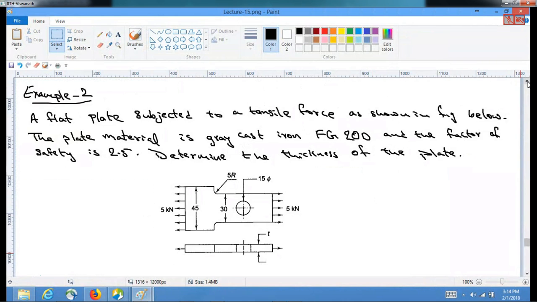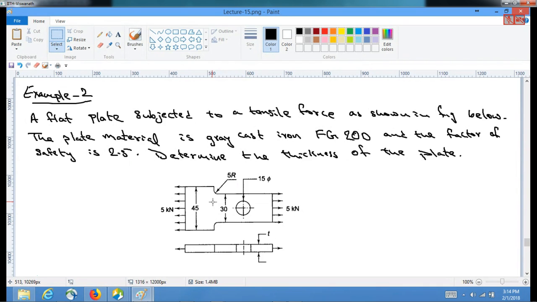To solve this problem, we'll see what the things are that cause the stress concentration. The first one is that this is a flat plate with a shoulder with a fillet radius. The second thing is that in this section there is already a hole.